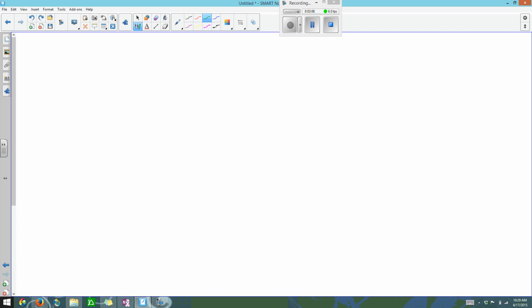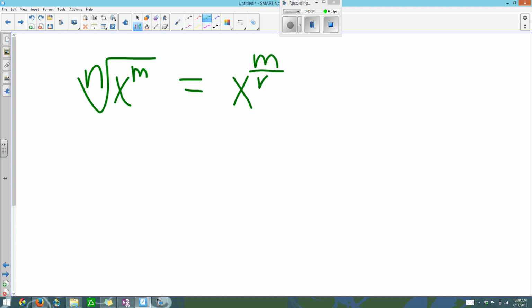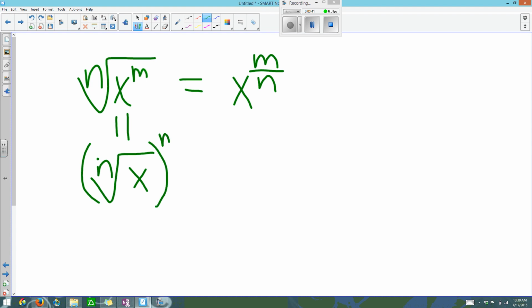Say you have a radical expression where the exponent m is some number other than 1. To change it into a rational exponent, it would be x raised to the m over n. Okay? And another way to rewrite the n root of x to the m is saying the n root of x, first, and that whole thing is being raised to the m power.